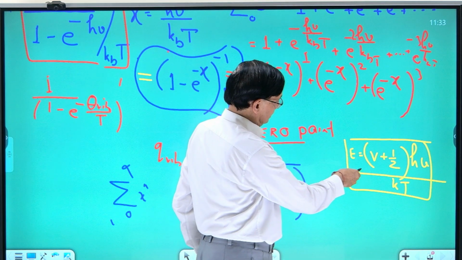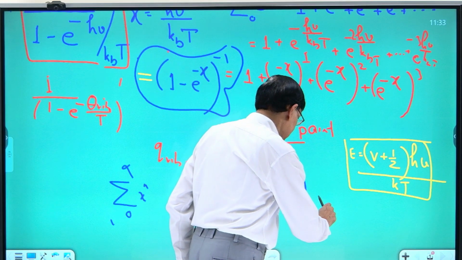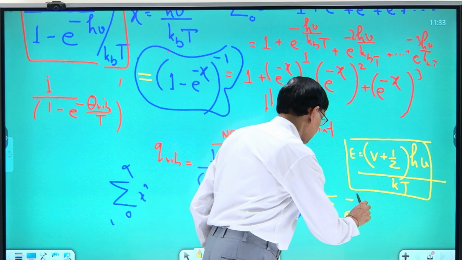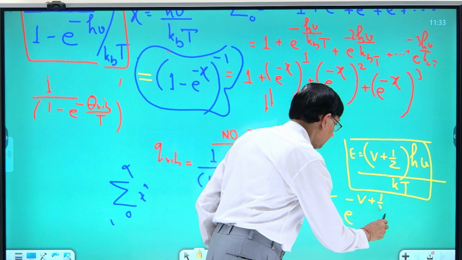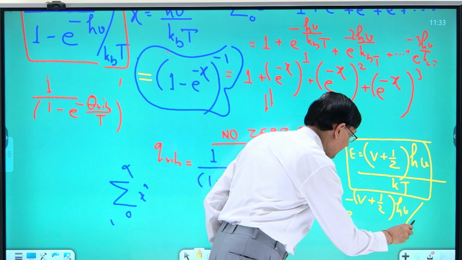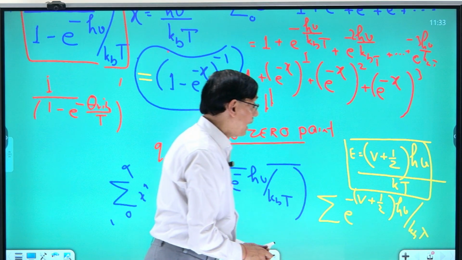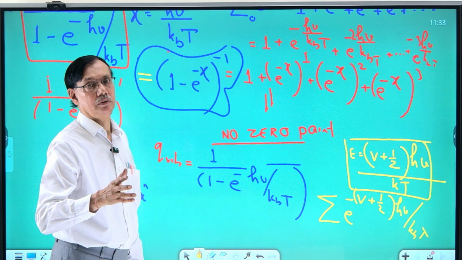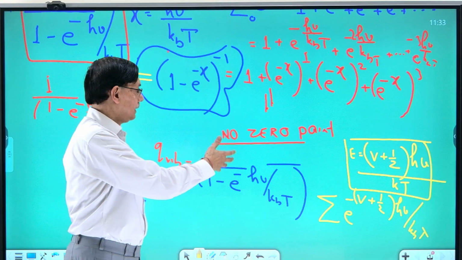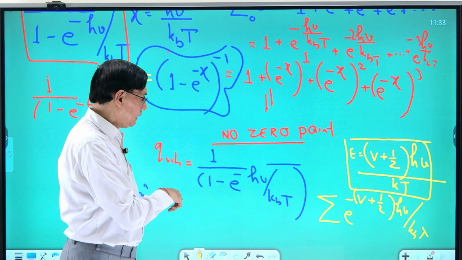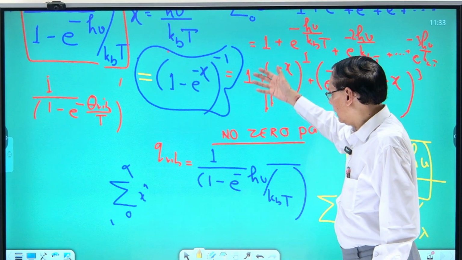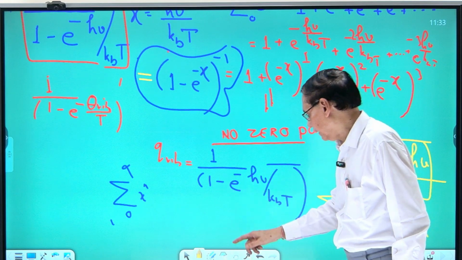What is slightly different here is that generally we use only one term, but here I have to calculate the v plus half, h nu divided by kBT. For biology students, because it is a very simple geometric series, I am just showing one of the simple formulas by which one can derive all these things. I will explain again, just a minute.